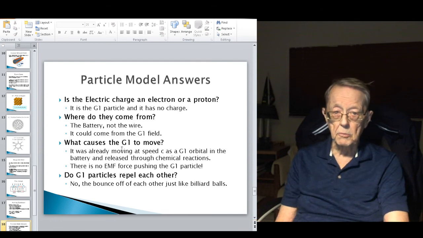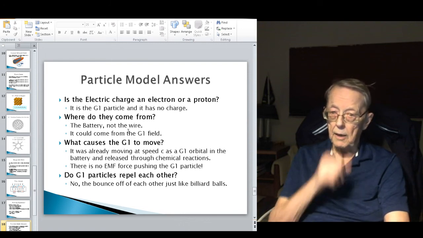What causes it to move? What causes the G1 to move? It was already moving at speed c as a G1 orbital in the battery, and released through a chemical process. There is no EMF force pushing the G1 particle.